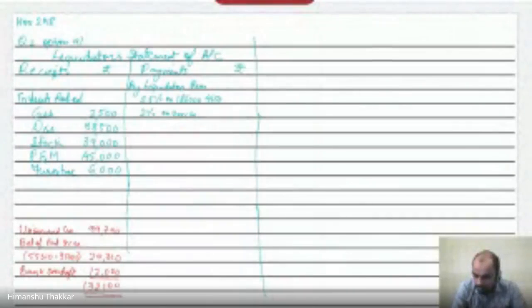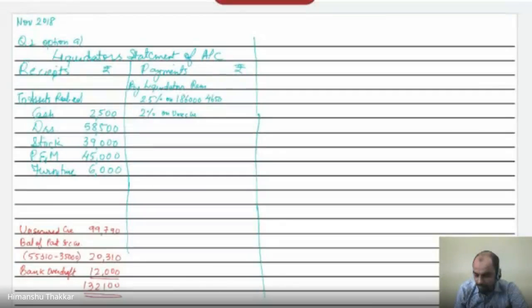Okay. So we go to our solution again. As per the order, along with this, you need to pay the liquidation expenses. As per the order, you have to pay all the expenses related to liquidation.